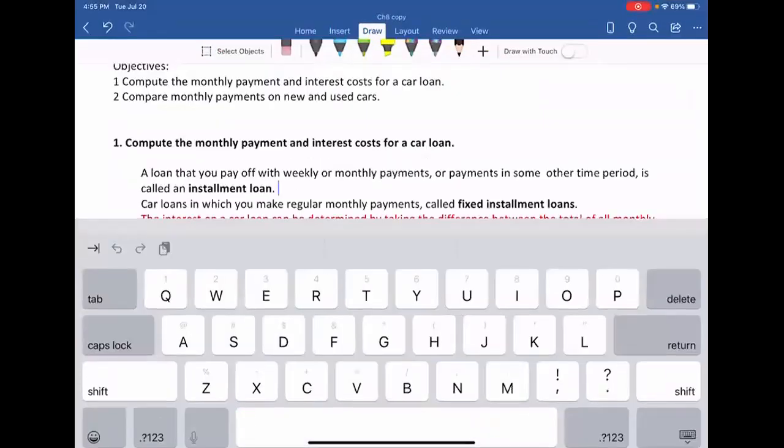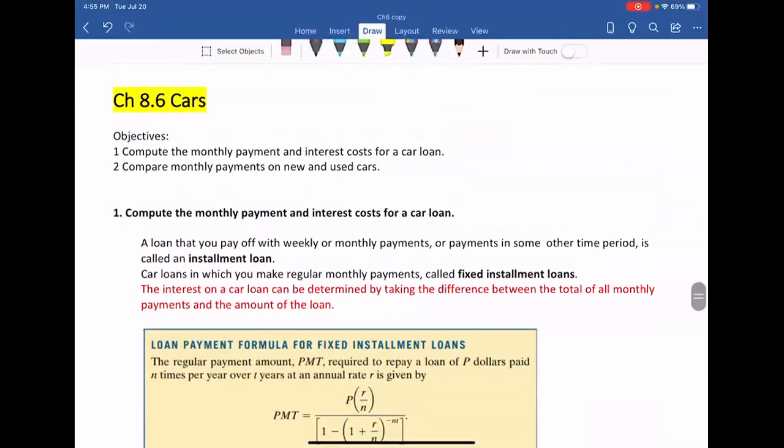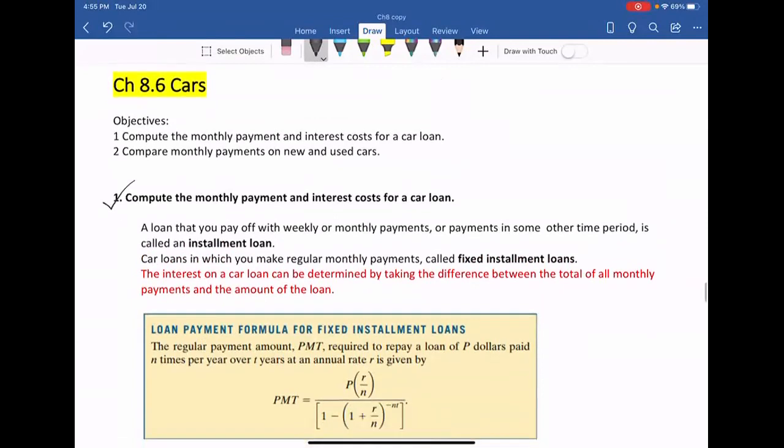In this video, we will learn chapter 8.6, Cars. The first part is computing the monthly payment and interest cost for a car loan. In the project part, we need to work on the car purchasing project.